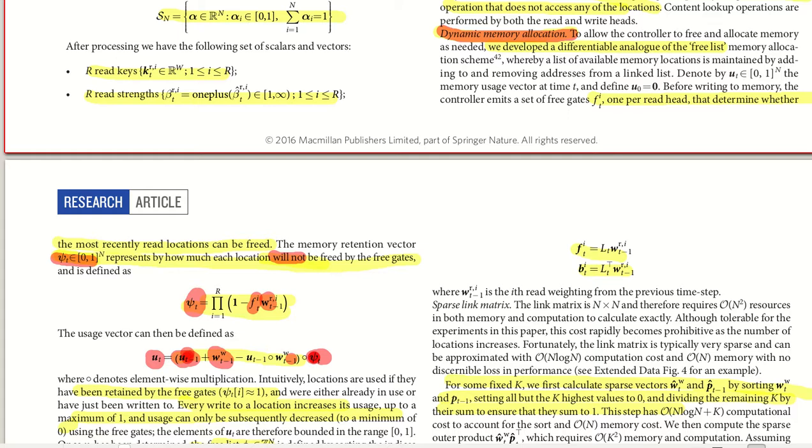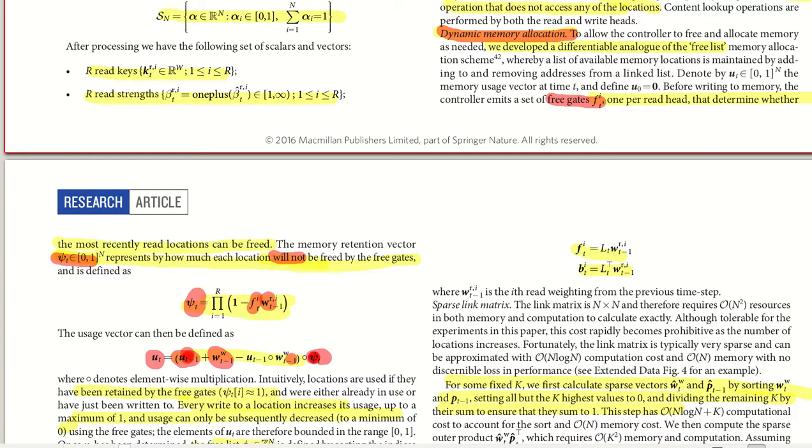And this is interesting because this represents by how much each location will not be freed by the free gates. Something interesting happens here, which is that there are these free gates. For each head there is a free gate, because there are n heads that read.